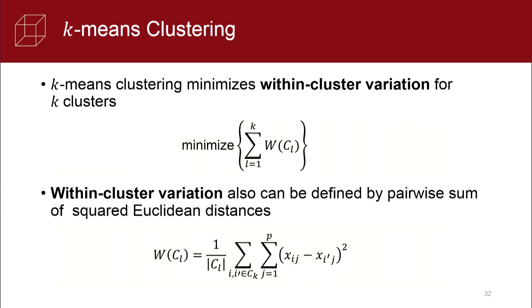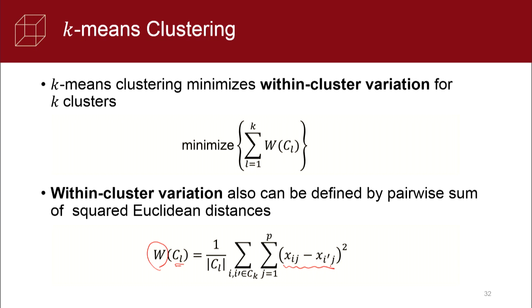Basically, the k-means algorithm minimizes the within-cluster variation for k clusters. Let W refer to the within-cluster variation, which is a function of each cluster. The within-cluster variation is defined by the pairwise sum of squared Euclidean distances.